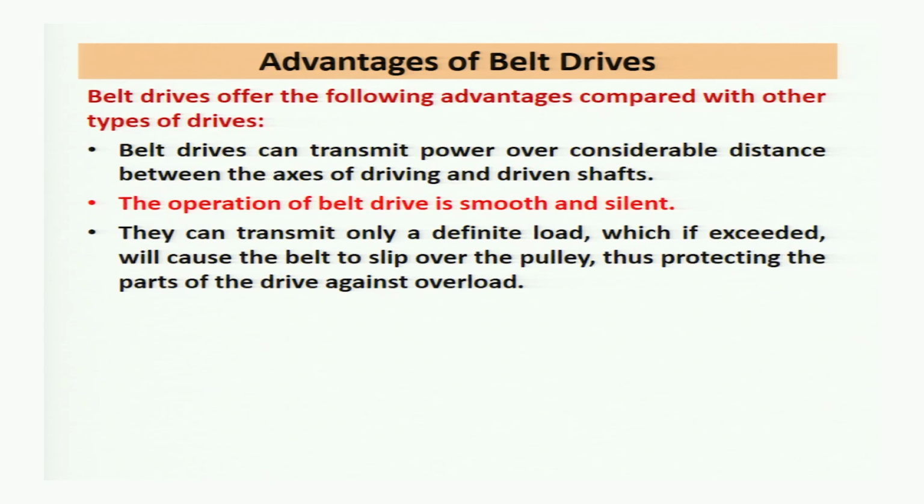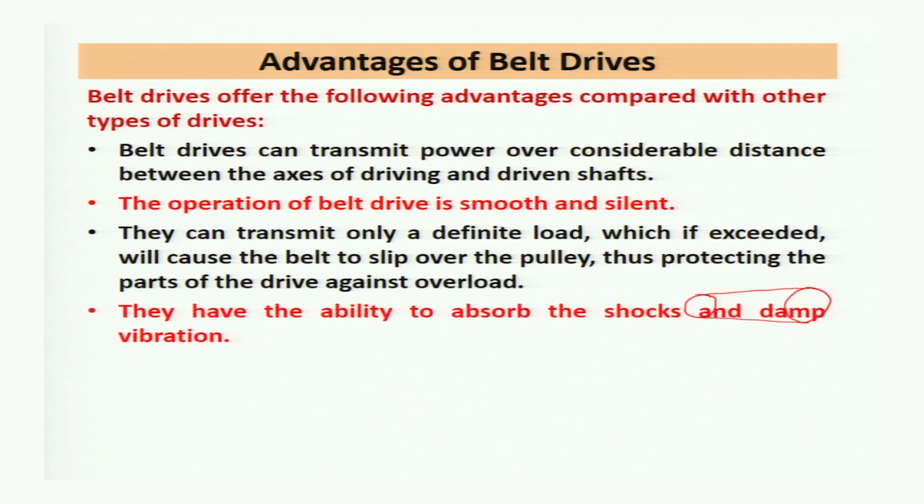That means this is designed to transmit a particular load due to the friction which is acting between the belt and the pulley. Now, if the load increases, then this frictional force will be lesser in comparison to the load which it has to transfer. Then the slipping will start taking place and it will protect the drive against that overload.